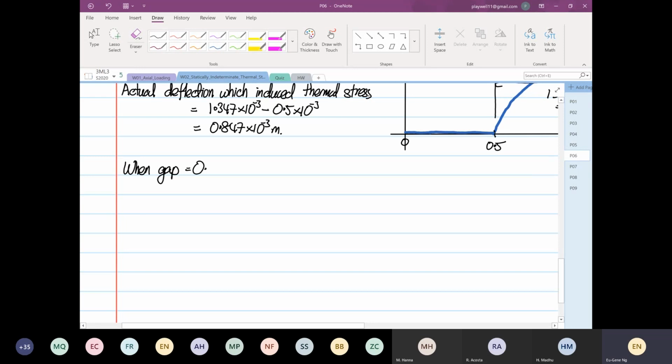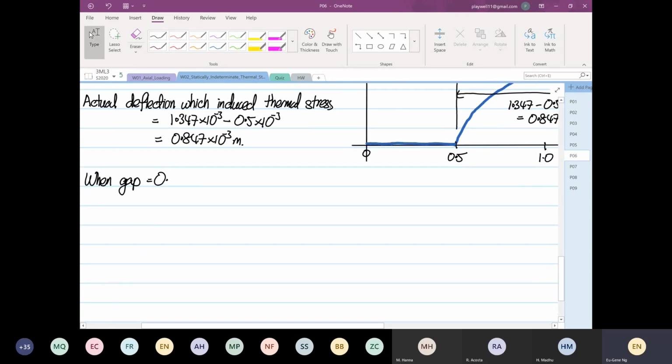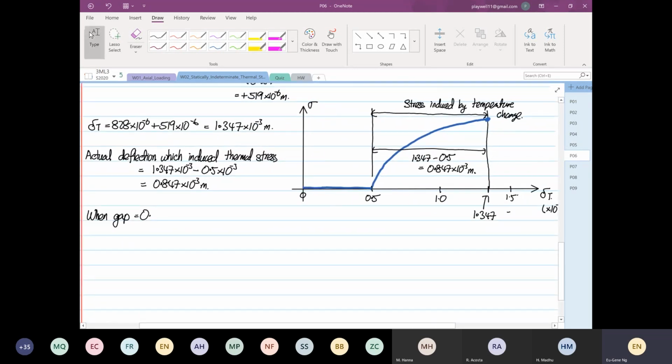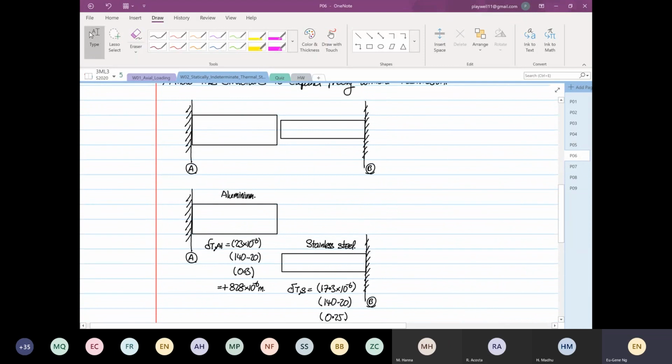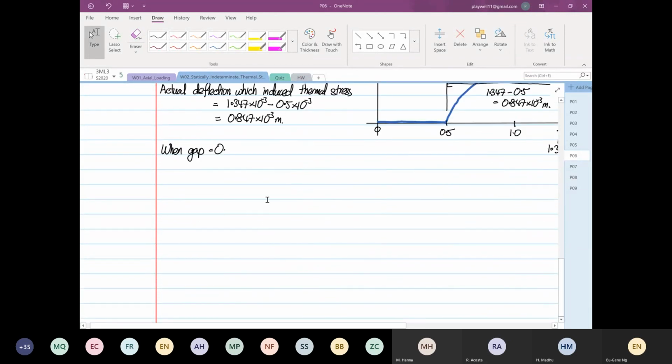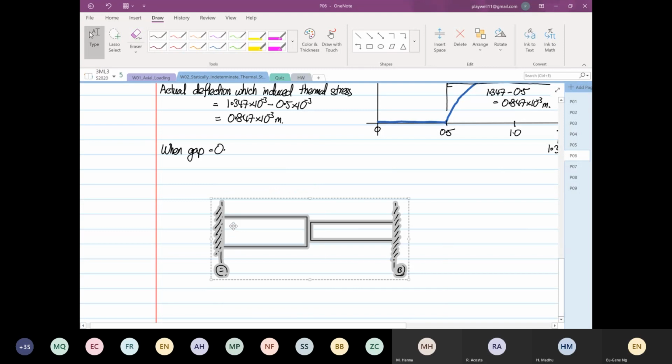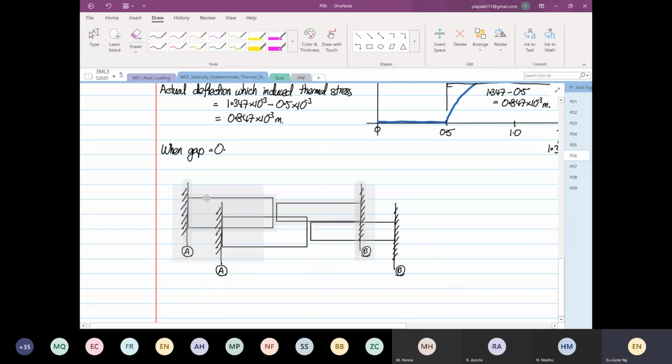Okay, we have to see what will happen when gap equal to 0, right? So we know that when gap equal to 0, it's going to touch, but what's going to happen to the structure now? So I'm going to copy this structure. All right.